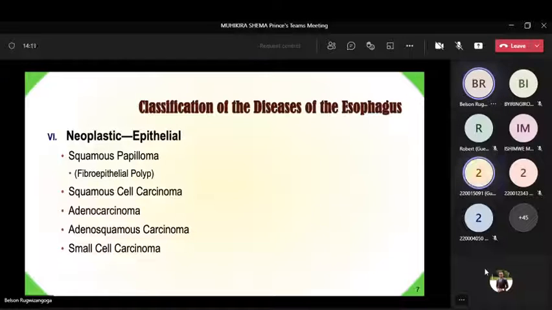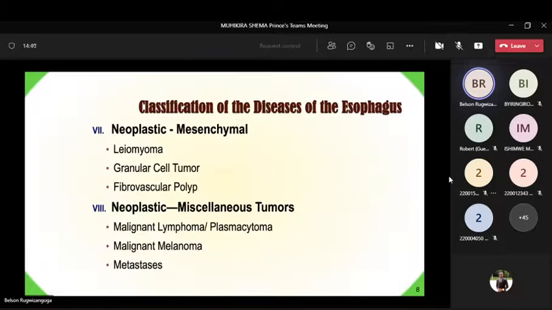So others are small cell carcinoma, and when we say small cell carcinoma, it can be of neuroendocrine origin. And otherwise, if it is not from neuroendocrine cell, it harbors a very bad prognosis. Whenever we say small cell carcinoma, especially if it is from the lungs, it is very deadly and not treatable in most of the countries.